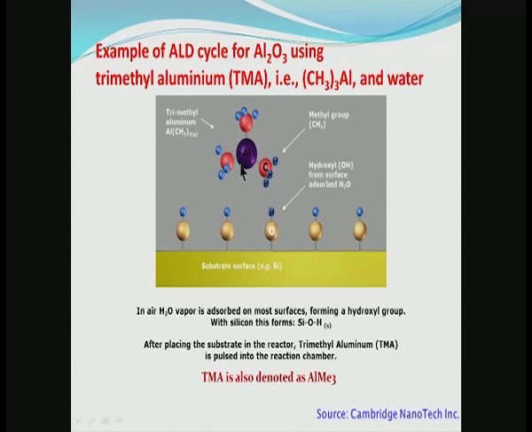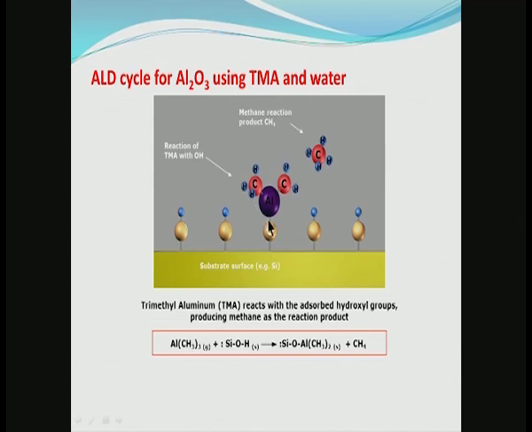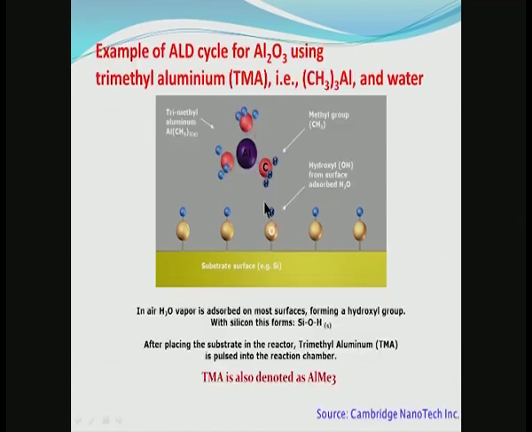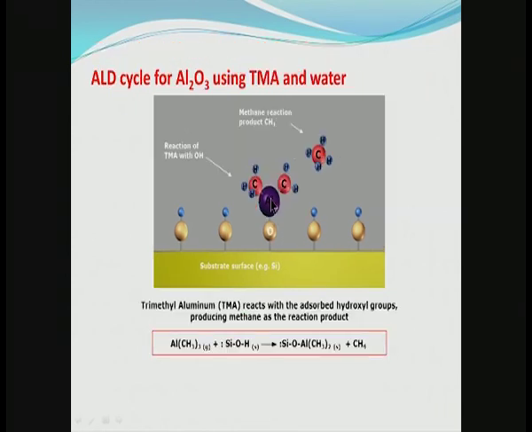Trimethyl aluminum is shown here in this diagram, and it comes in as a vapor, and a reaction occurs whereby the hydrogen over here gets attached to one of the methyl groups, producing methane, which escapes as vapor, and what you now have is an aluminum-oxygen bond and then dangling CH3 groups on this particular molecule.